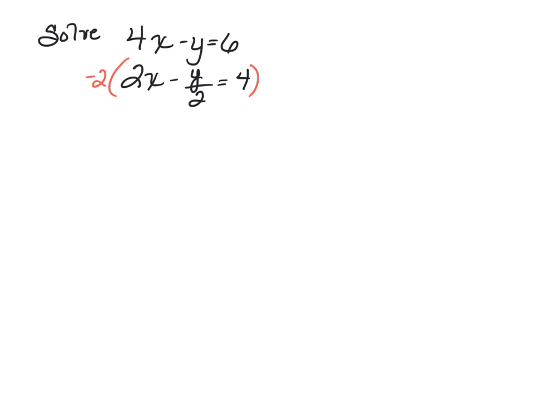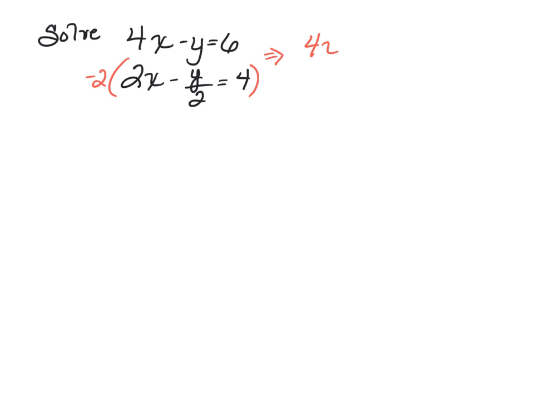While we're solving it, I want you to think about some of the solutions that we can get when we solve simultaneous equations or a system of equations, okay? We're going to multiply through, and my goal is to eliminate the x's.